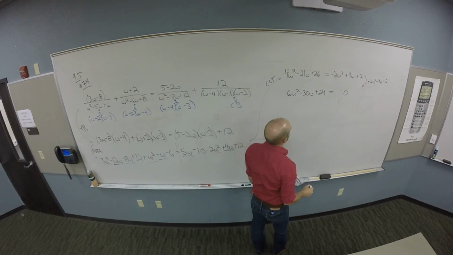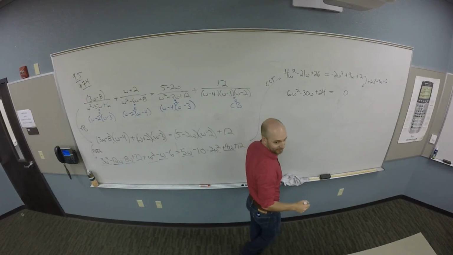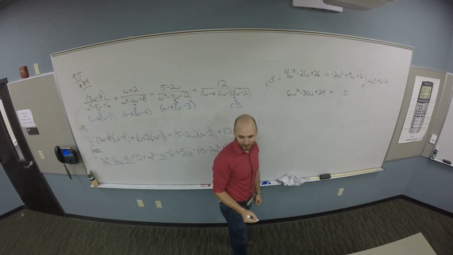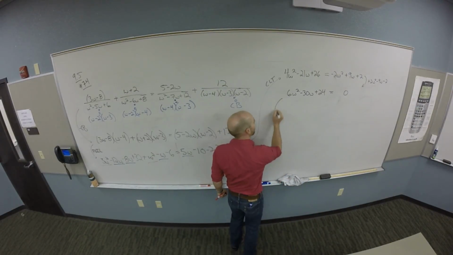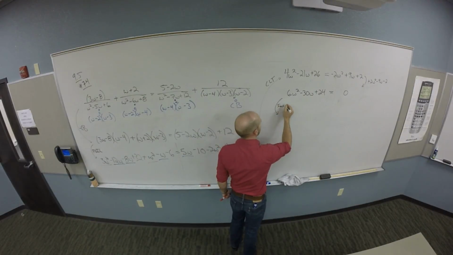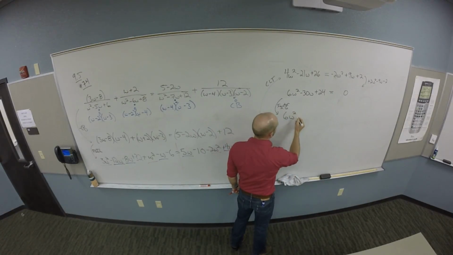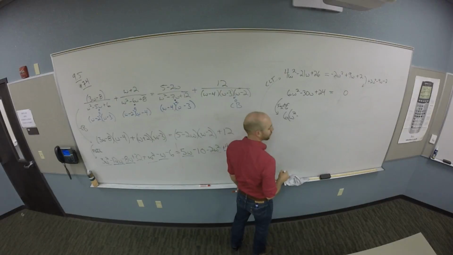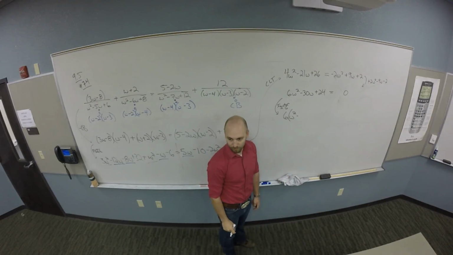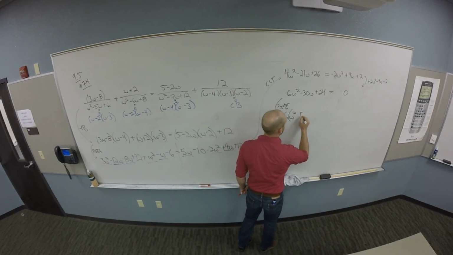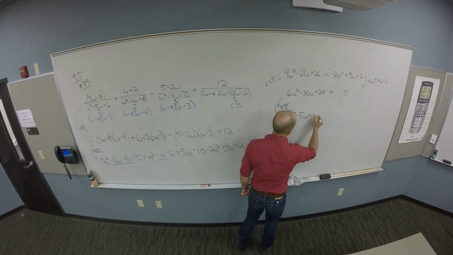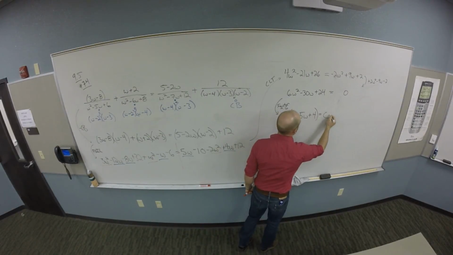Factor out a 6. Oh, thankfully I can factor out a 6, right? Because otherwise I'm going to do the worst AC factor ever. So we can pull a 6 out of everything. So I've got 6 times the quantity w squared minus 5w plus 4 is 0.